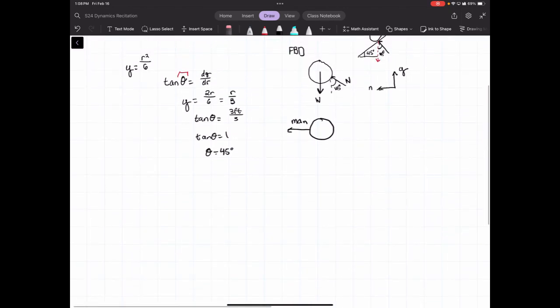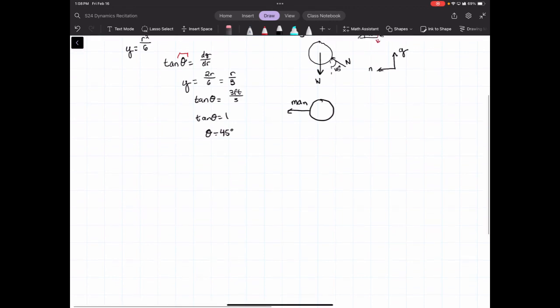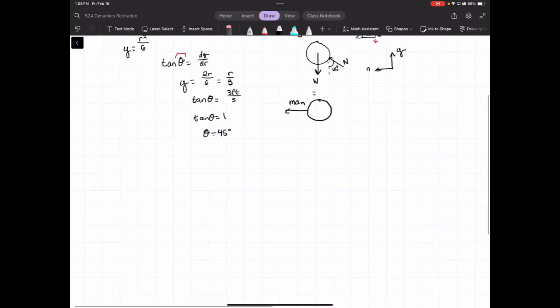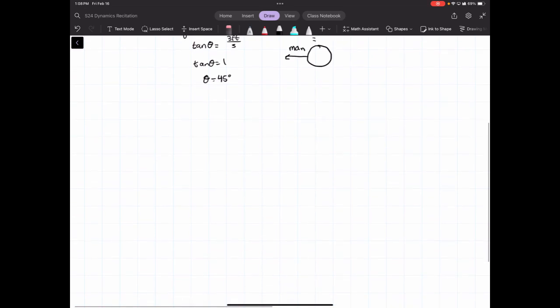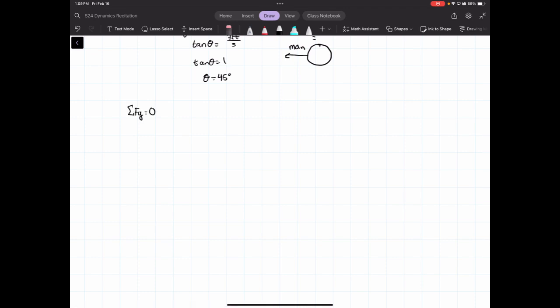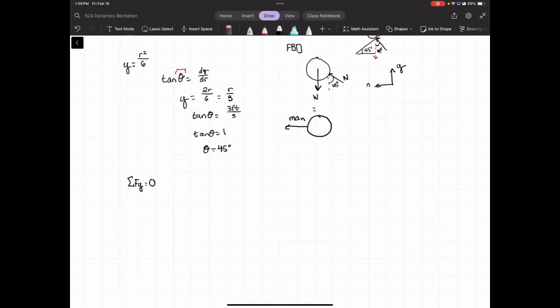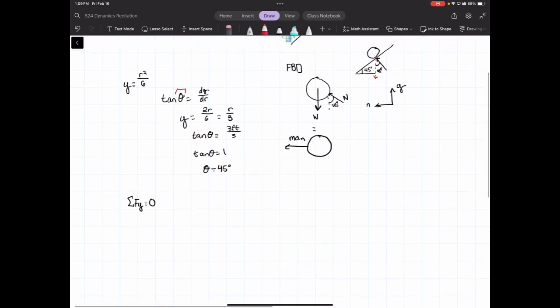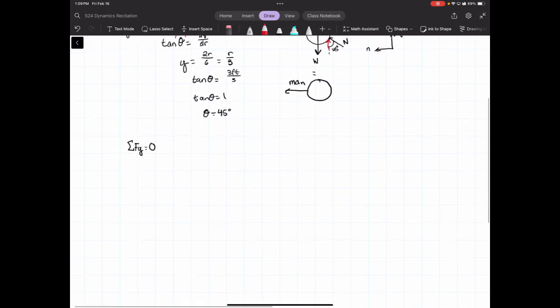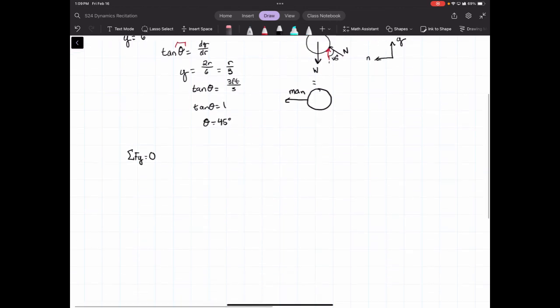All right. So now that we have our free body diagram and we have our acceleration drawn, we can sum up our forces. So we're going to start in the y direction because we don't have any acceleration there, so that'll be easier to solve first. So if we want to find the components in the y direction, that'll be n cosine of 45, and that's pointing upwards.